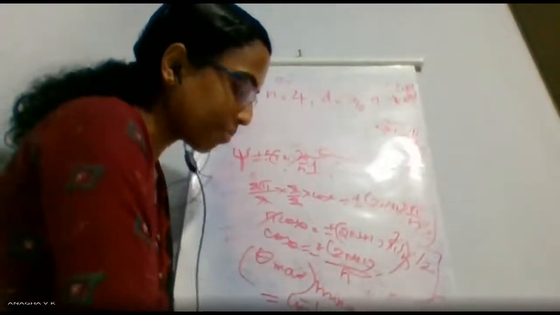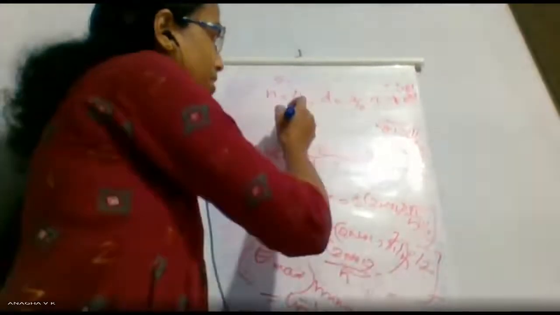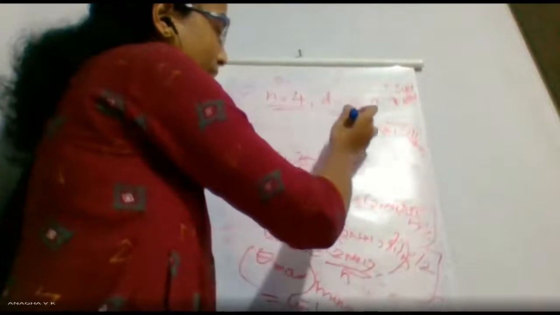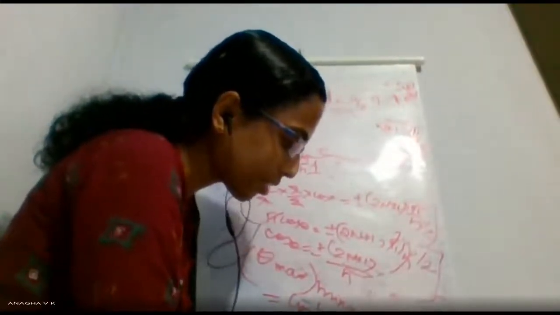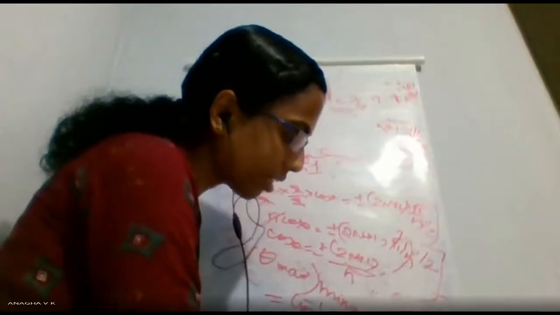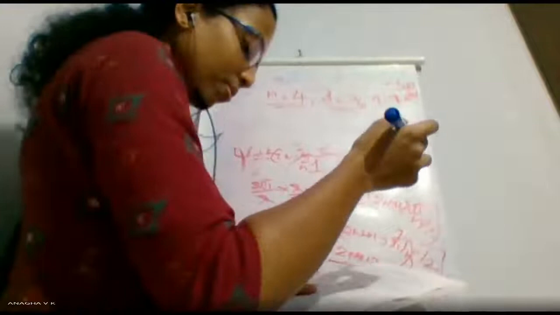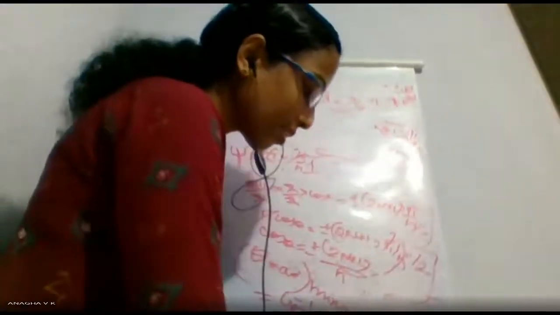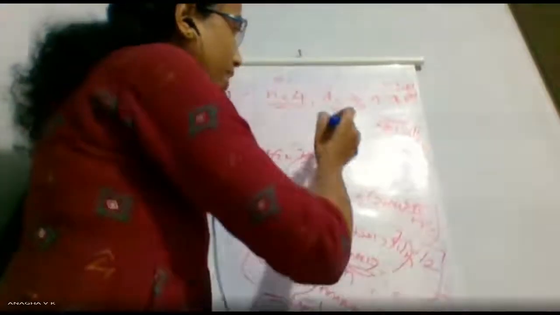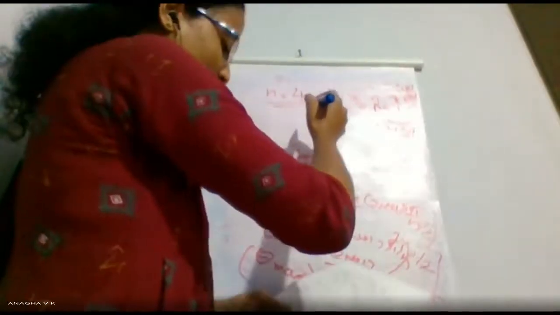Small n is equal to 1, 2, 3, etc. So small n we take as 1.